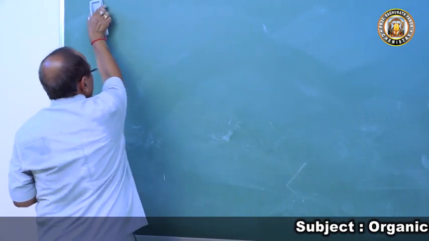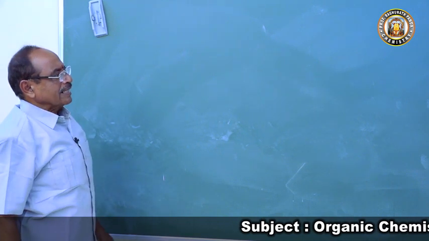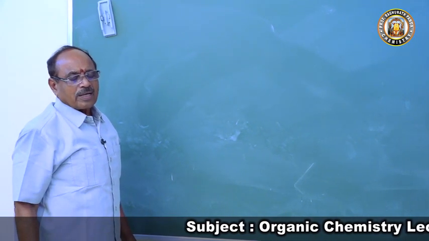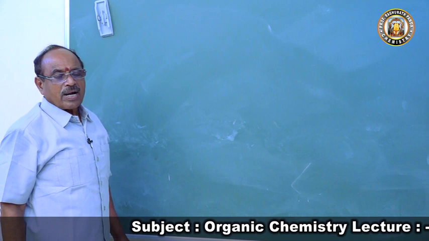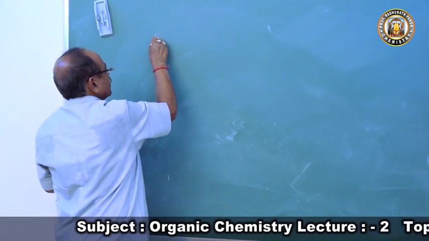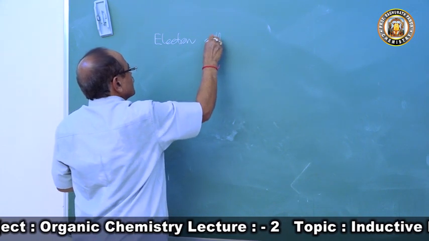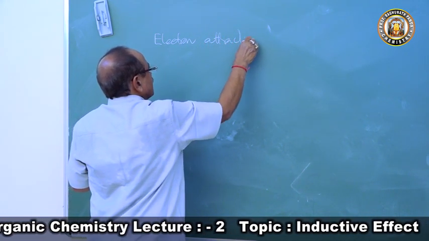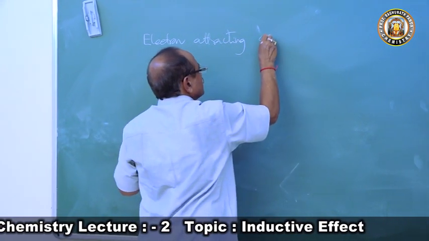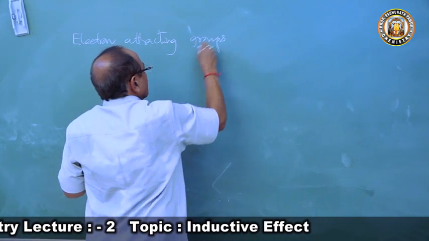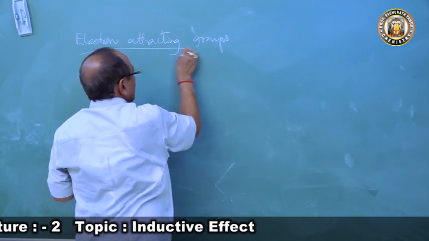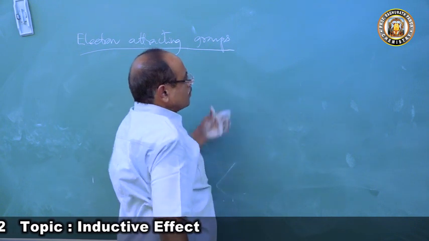They are called electron attracting groups. You can very easily remember them.